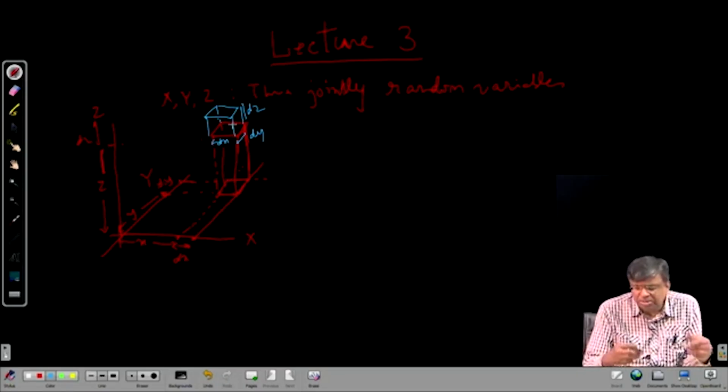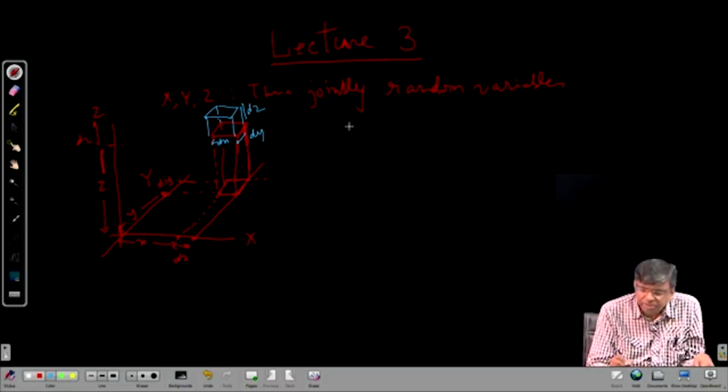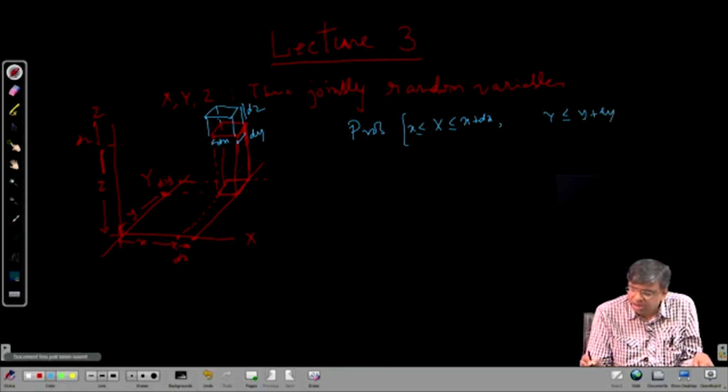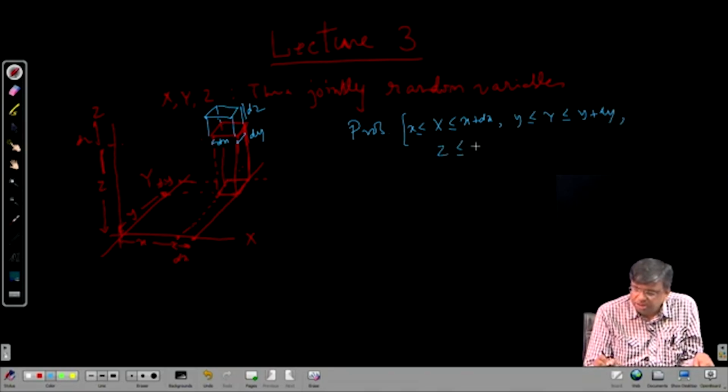That means, I am just generalizing, same logic. So, probability of what? Capital X lying between x plus dx to x simultaneously with capital Y lying between y plus dy to y, and capital Z lying between small z plus dz to small z.